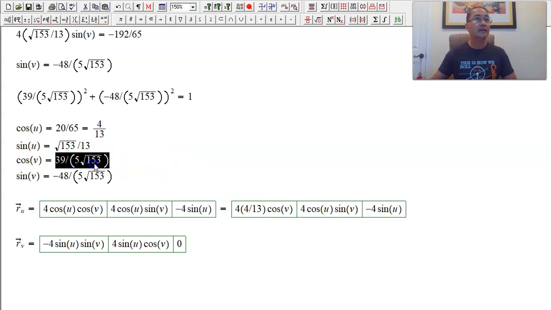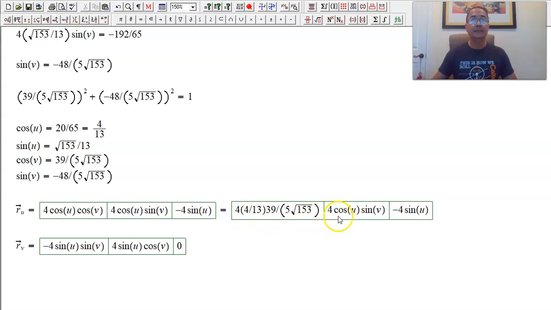Cosine v is this, so that goes away. 4 cosine u, so we have this. Sine of v is this, so we replace it with that.